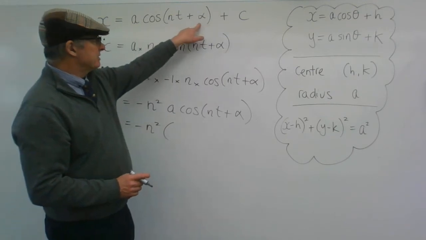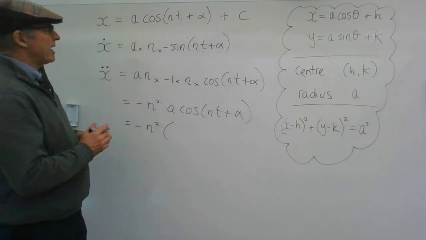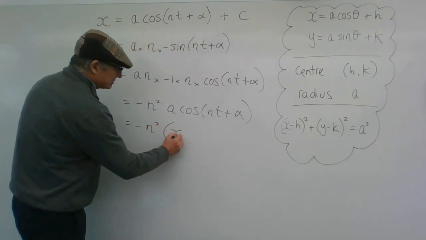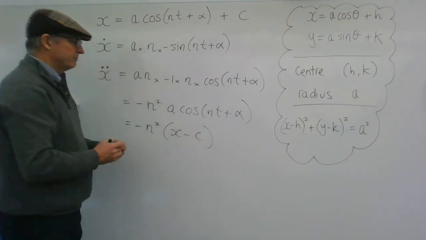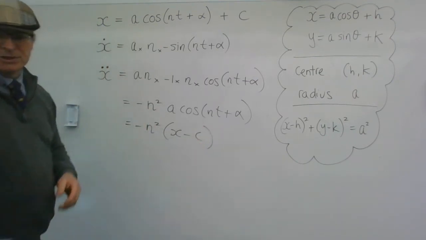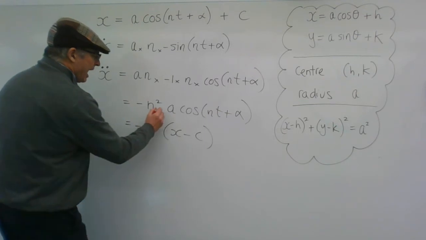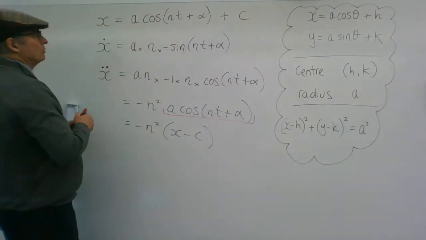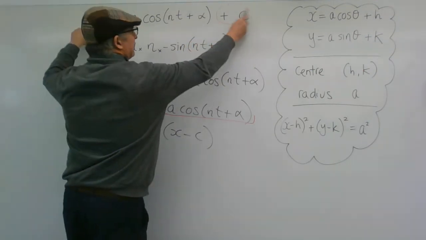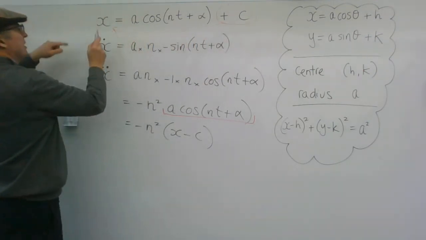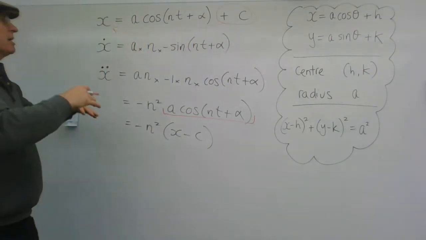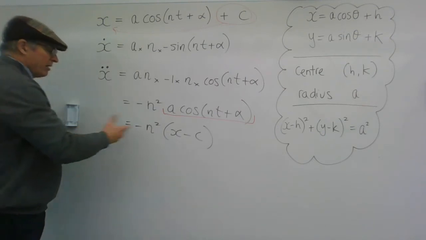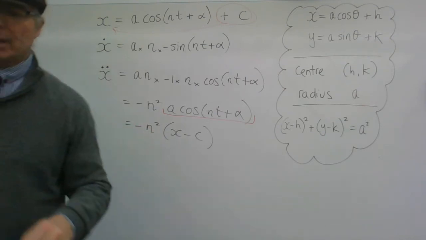This isn't x, but I could rearrange that, and that's x minus c, right? This bit just here, a cos nt plus alpha, if I grab that and minus it off both sides, it's equal to x minus c. So that's why I've placed that in there.